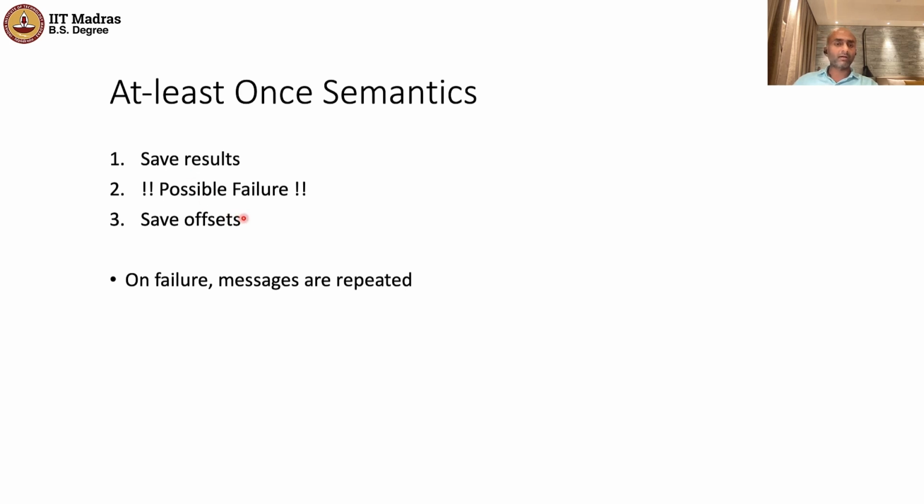It still is going to pick up from offset 10, because the saving of the offset to offset 11 has not happened yet. The failure has occurred prior to that happening. But the offset 10 being consumed means that the message will get processed, and the result that gets computed is going to be a duplicate.